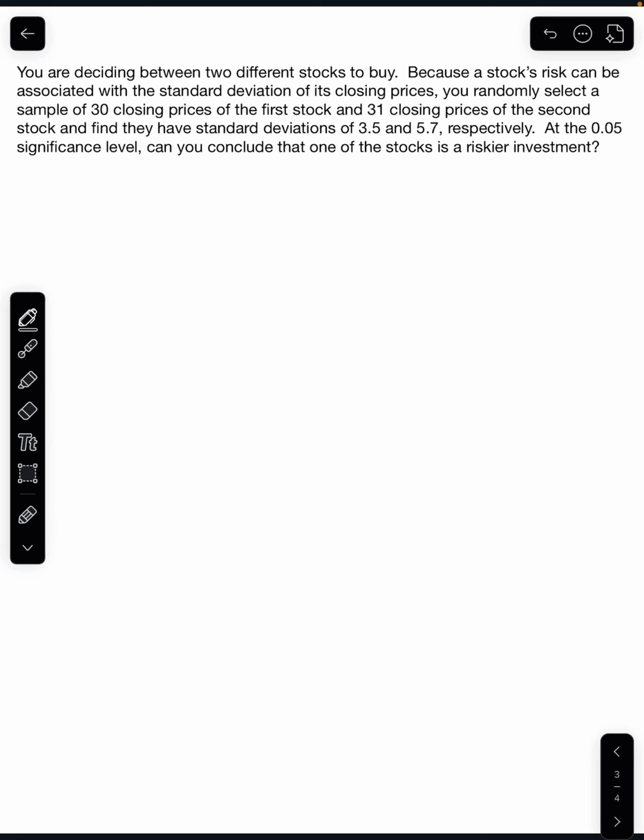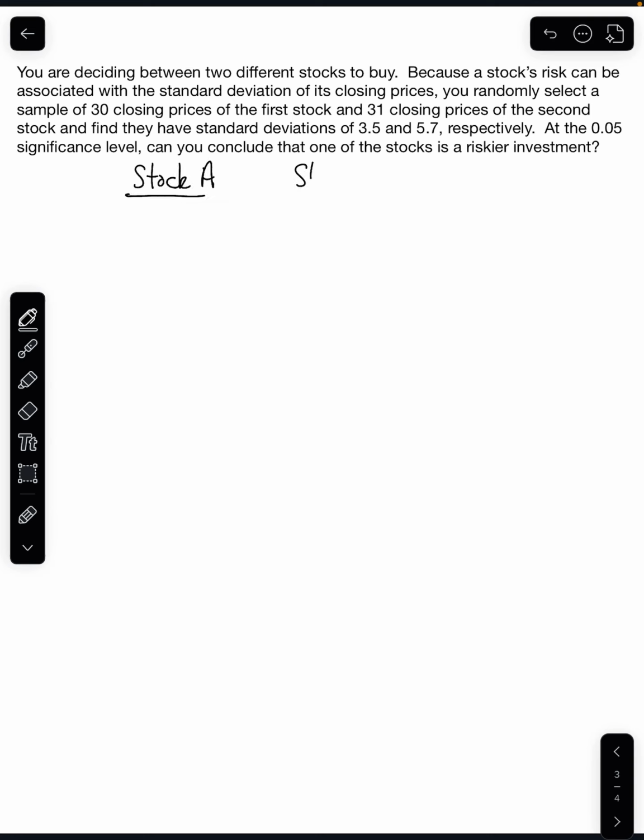So you randomly select a sample of 30 closing prices of the first stock and 31 closing prices of the second stock, and find that they have standard deviations of 3.5 and 5.7 respectively.